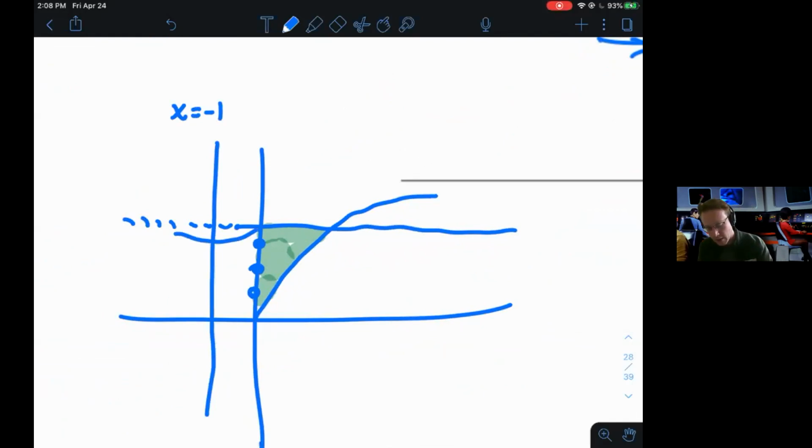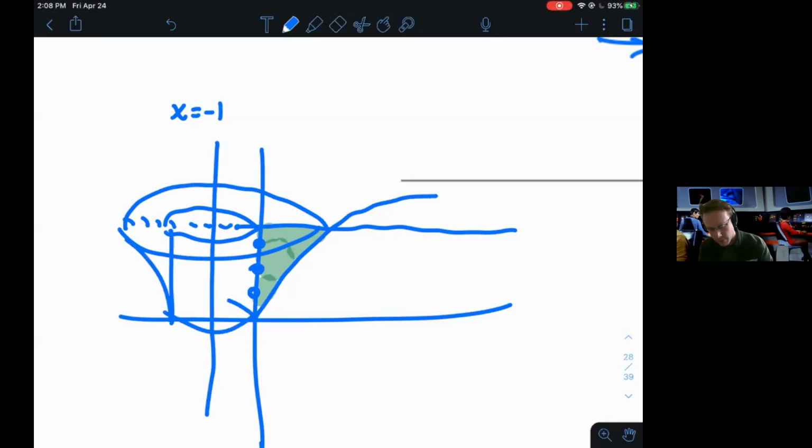So when you rotate it, there's going to be a hole in the middle, and then you're going to need to use the washer method. You would get something like this. So that's a refresher of when you need to use the disk method and when you need to use the washer method.